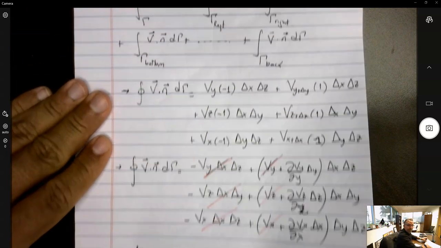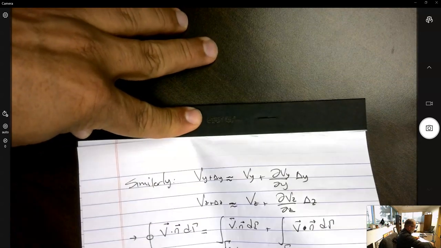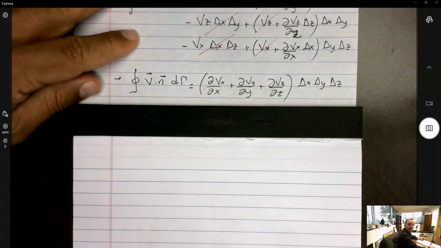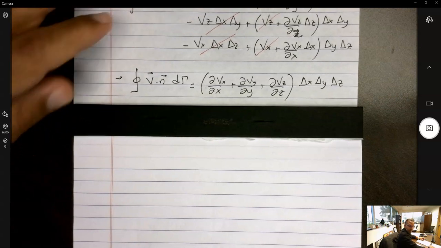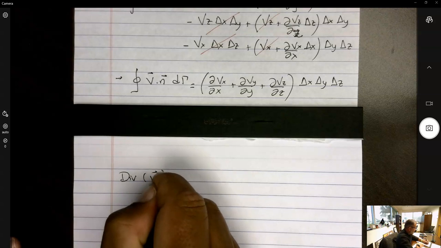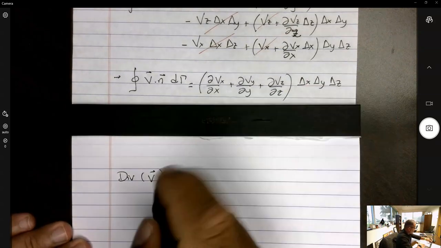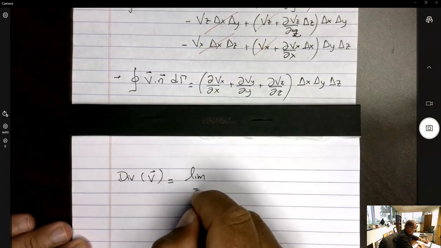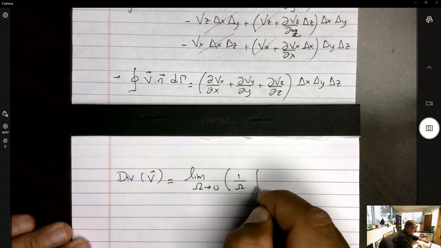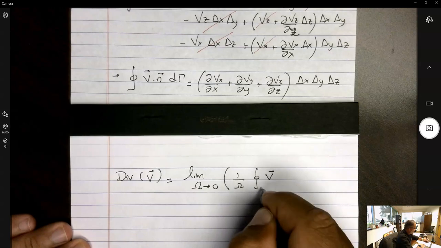Now the divergence of the vector v is defined not as that integral, but as the limit when omega goes to 0 of 1 over omega times this integral.